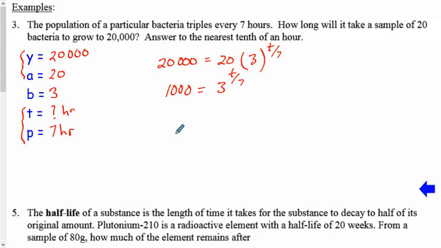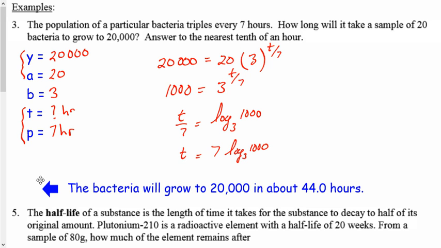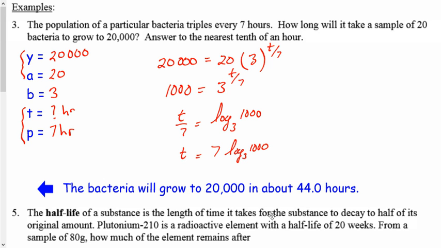Rewriting this in logarithmic form, my exponent t over 7 is equal to log base 3 of 1,000. And then as I isolate my t, I'll get 7 times that logarithm base 3 of 1,000 and evaluate that to get our answer, which we discover is about 44 hours, 44.0 if we go to the nearest tenth of an hour.